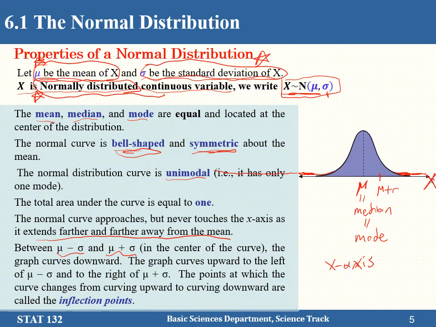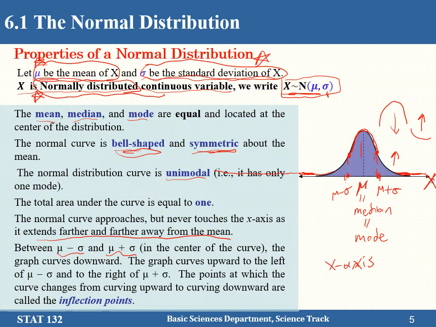Between these two values, from mu minus sigma to mu plus sigma, the shape is looking downward, but this part here is looking upward.